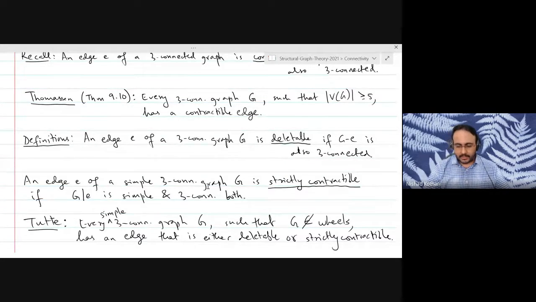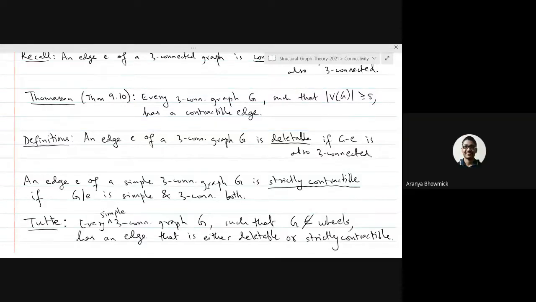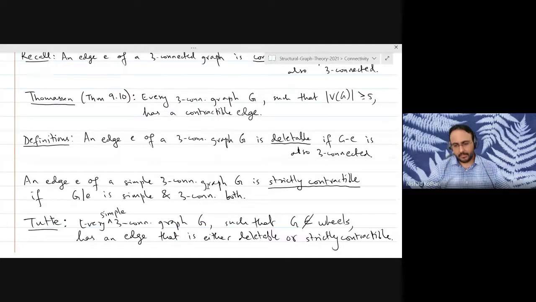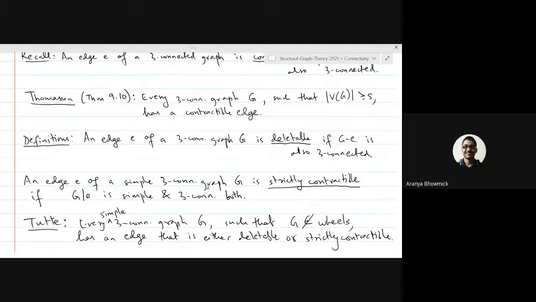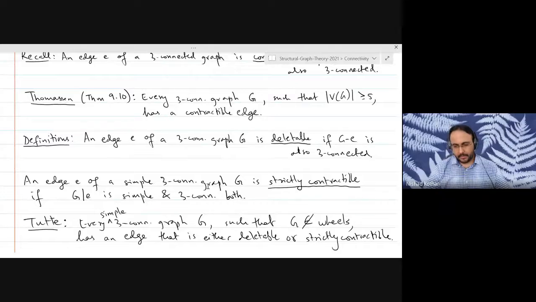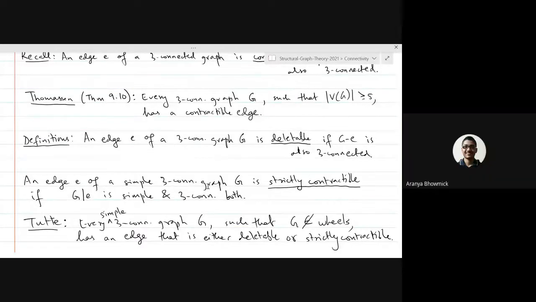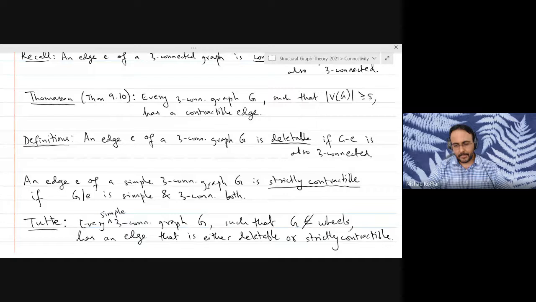If you insist on starting from a smaller wheel, you will have to allow parallel edges, which is why we cannot do that. Okay. And at every stage, Gi plus 1 either has an edge that is deletable or strictly contractible. That's right. Yes. And all elements in this sequence are simple graphs. Yes, all of them will be simple and three connected. Okay, simple and three connected. Okay. Good. Any other questions or concerns?